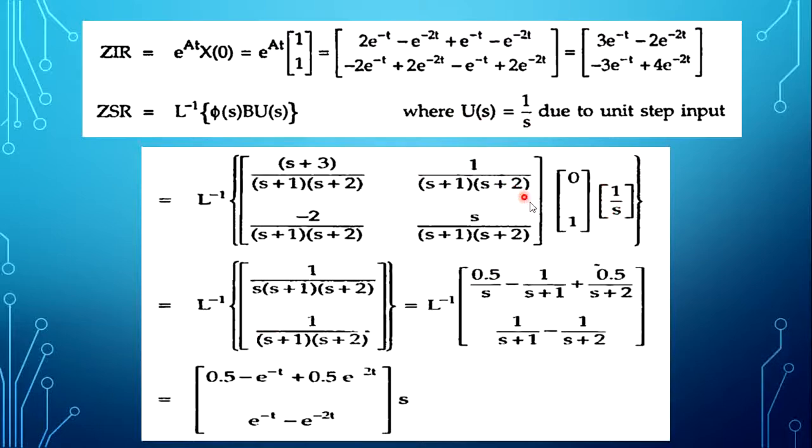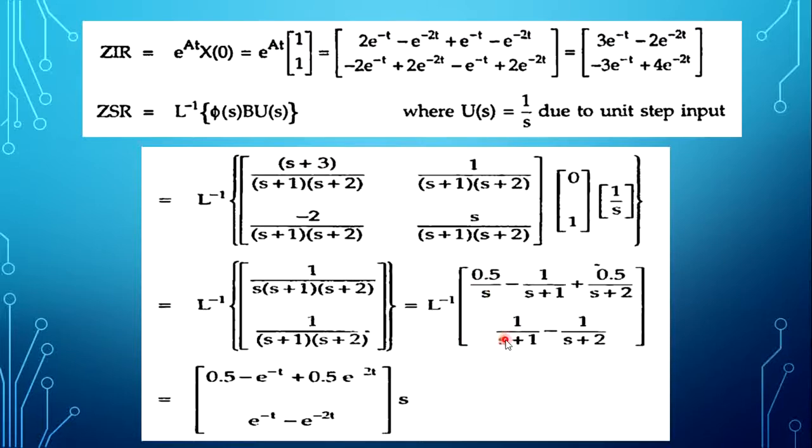Now multiply these matrices. First multiply these two matrices, then multiply with that and divide by this s. After the matrix multiplication, take the inverse Laplace transform of that matrix. By doing partial fraction we obtain this step.